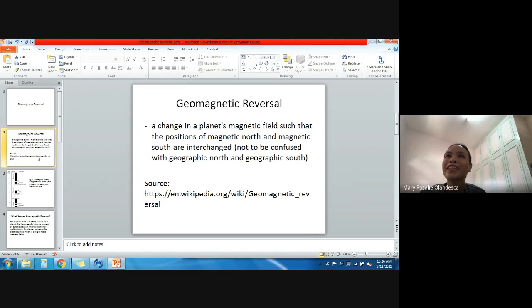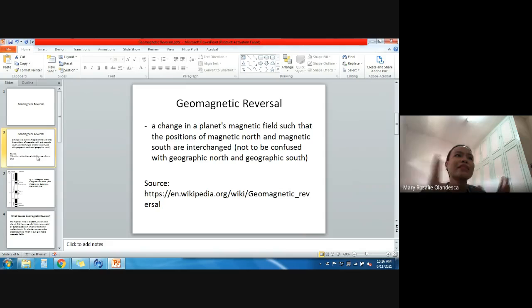So the geographic north does not literally mean that it is the north of the magnetic field. And the geographic south does not literally mean that it is the south of the magnetic field, because the magnetic field reverses from time to time.